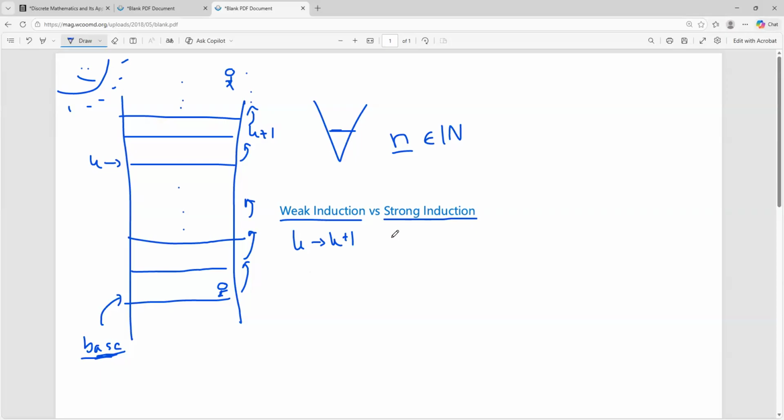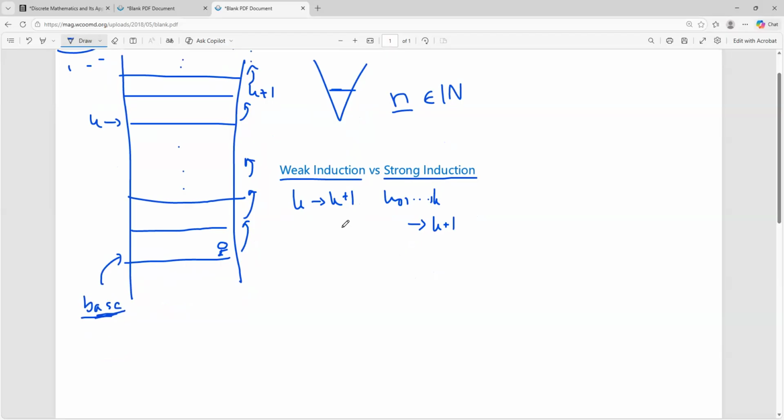Strong induction says this: given that I was on any rung from some starting point, let's say k0, so k0 is the base case, up until k, all of this proves that I can go to the next one. So why is there a distinct difference here? Because weak induction is saying if I'm on any step, I can go to the next one. Strong induction is saying given I was on any past step, I can go to the next one.